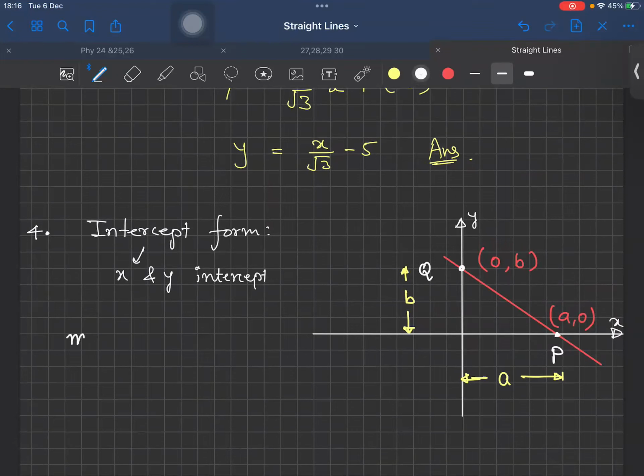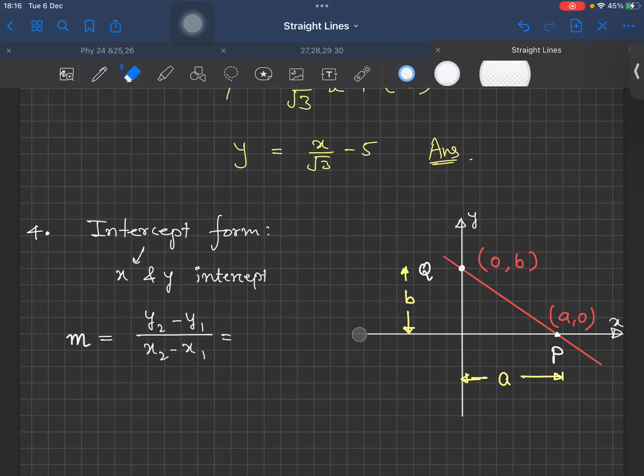M is equal to? Remember, y2 minus y1 upon x2 minus x1. What is the value of y2 here? 0. Okay, you are taking any one. Let's say 0. Okay, 0 minus y1.